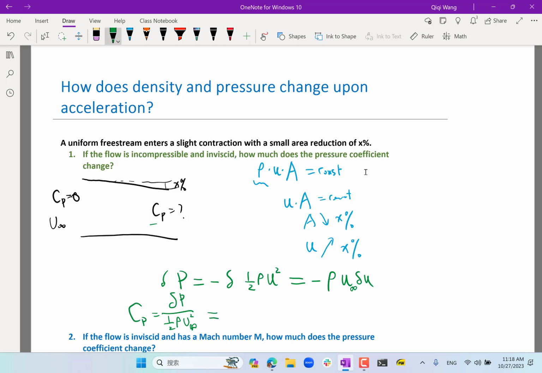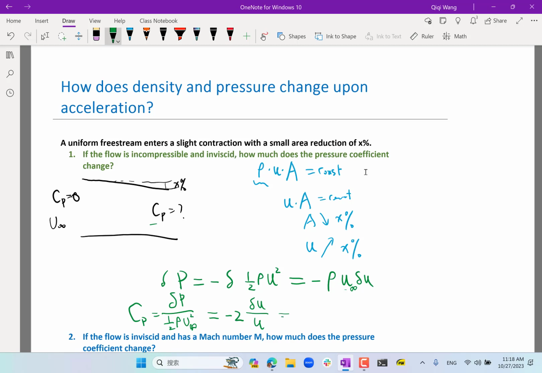What we get is minus, the rho cancels out, the u infinity cancels out in one of them, and the half in the denominator becomes 2. What we are left with is delta u over u, right? Got it? Okay, so how much the pressure coefficient changes in this scenario is just minus 2 times the fractional or percentage change in the velocity, right?